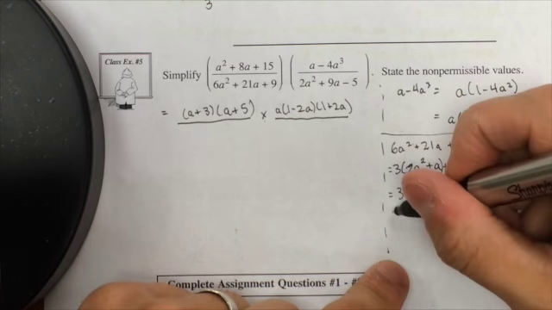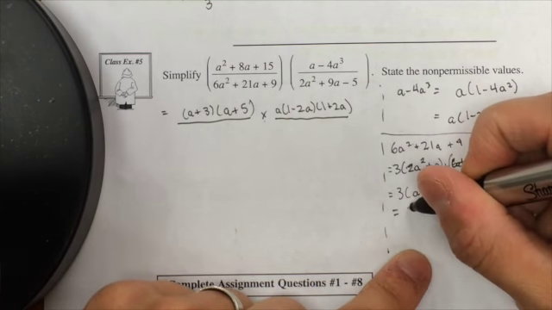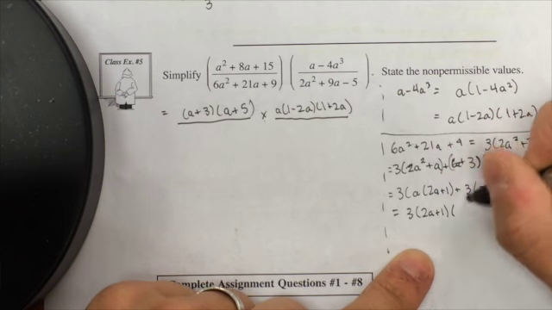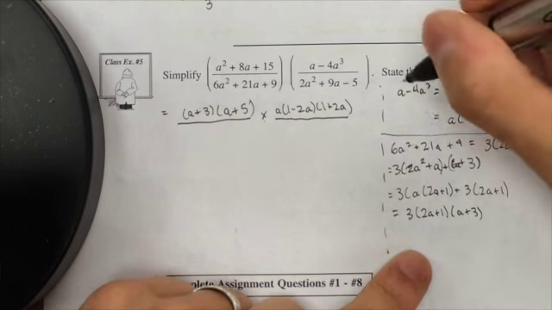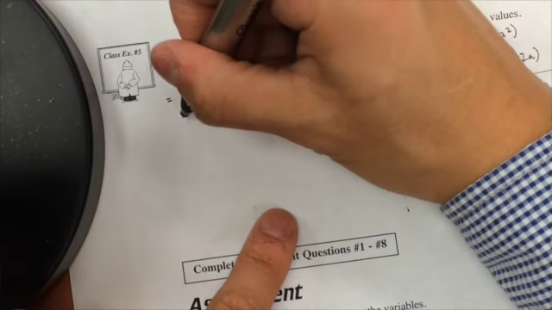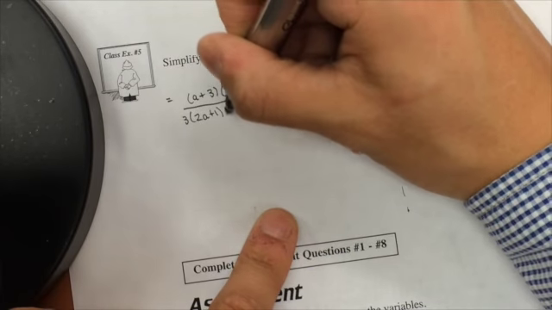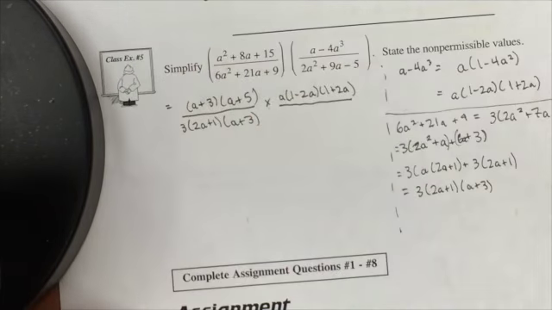Perfect. And that would leave me with 3 times 2a plus 1, and then a plus 3. And so that goes over here: 3, 2a plus 1, a plus 3.